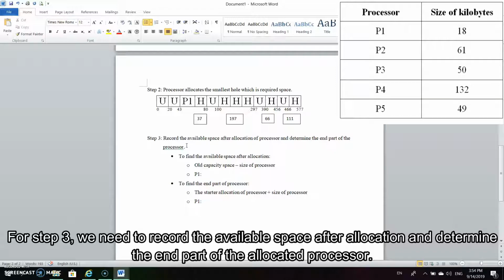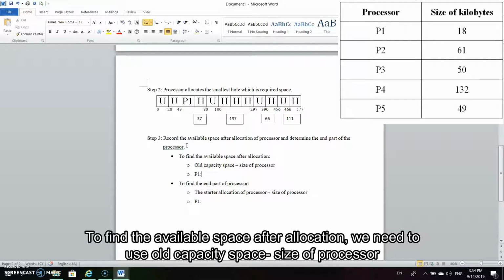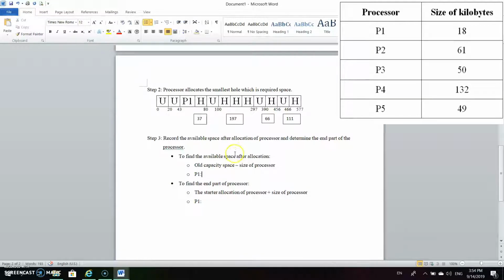For step 3, we need to record the available space after allocation and determine the end path of the allocated processor. To find the available space after allocation, we need to use the old capacity minus the size of the processor, which is 37 minus 18.